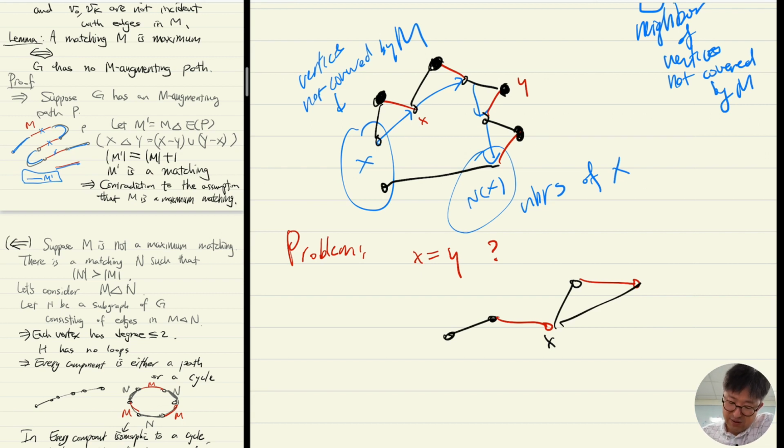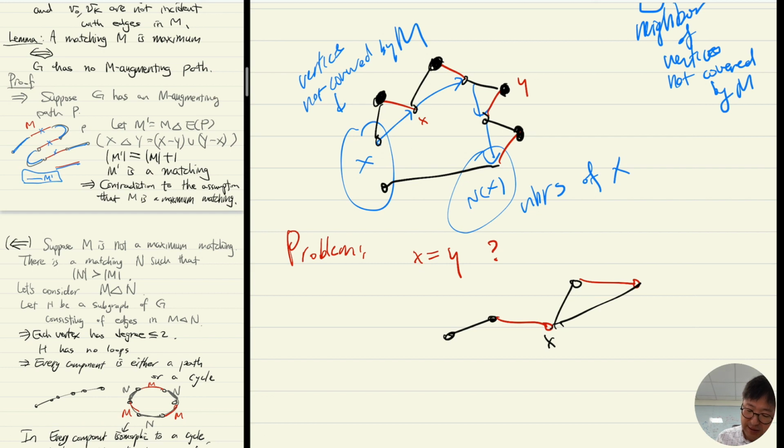If they are equal, it continues, and this doesn't give you augmenting paths. So that's the problem. And this problem doesn't occur if the graph is bipartite.